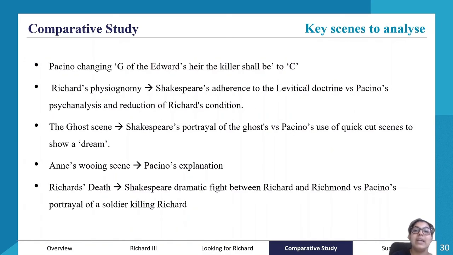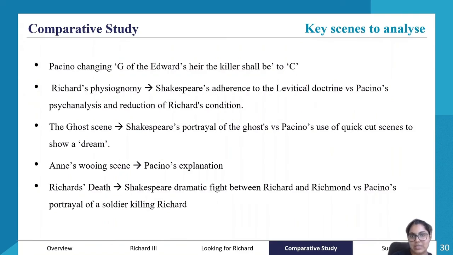In a way, Pacino is saying Anne fell for Richard because she was young and naive, but then he adds that bit about having no future, which resonates with what Shakespeare was getting at. And then Richard's death: the dramatic fight between Richmond and Richard versus Pacino's portrayal of a soldier killing Richard. That takes away meaning from Richmond altogether and simplifies the last scene a lot.